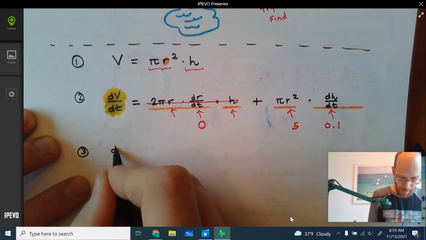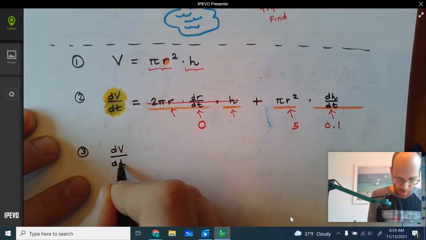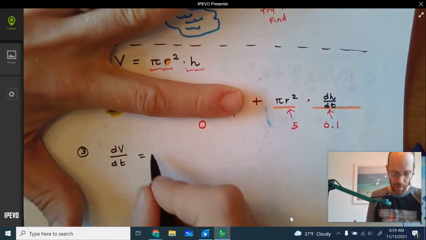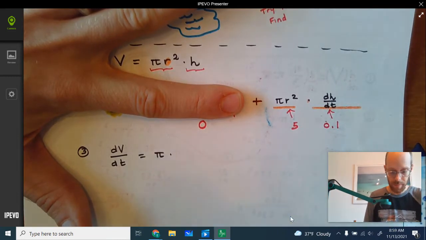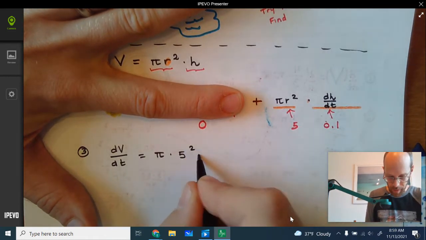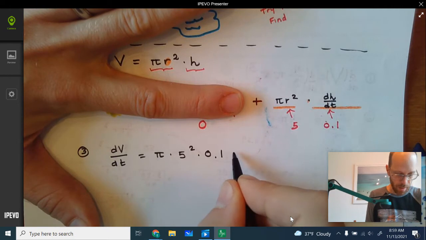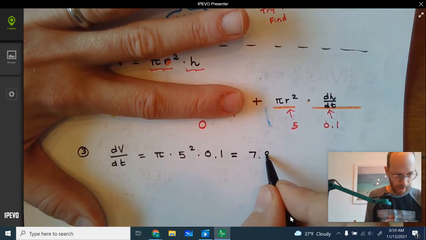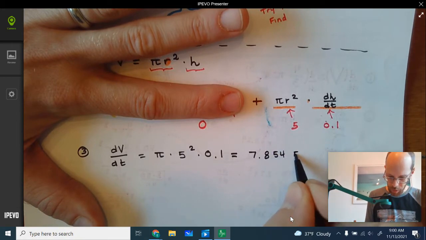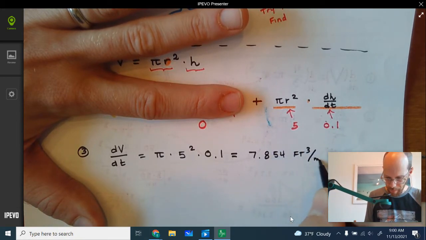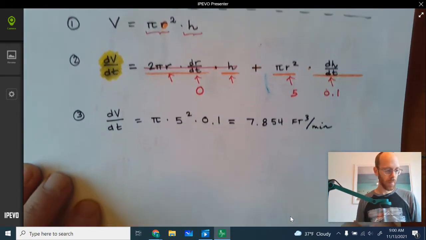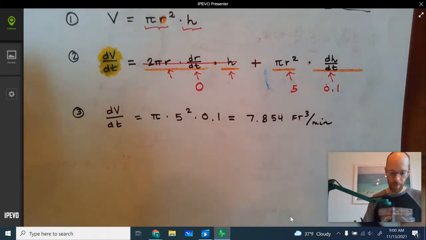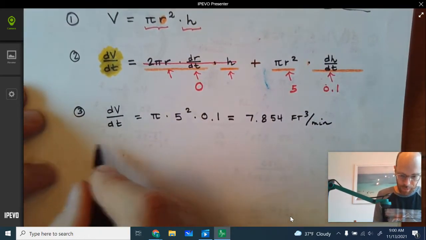So step 3, the rate of change of the volume of the pool would be equal to just, I'm grabbing this piece over here, pi times 5 squared times 0.1, which if we throw that into the calculator is equal to 7.854 cubic feet per minute. And that means that our answer we're going to get from bringing back this equation from above.